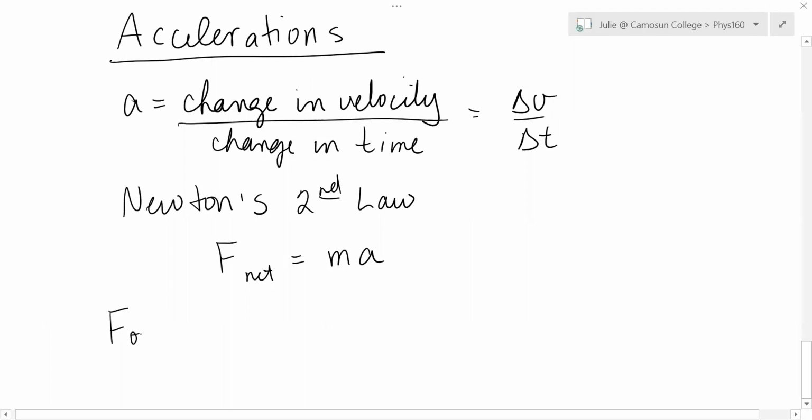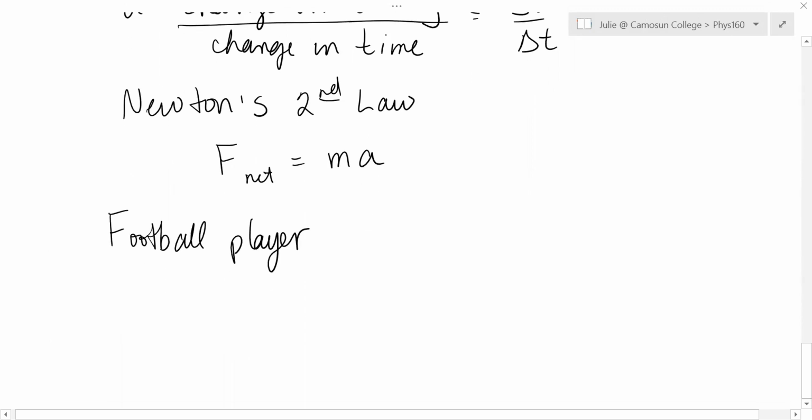Okay, so let's look at the football player. Now we'll assume that he leaves the ground and then crashes into that dummy. So I'm only going to count the force from the collision on his body as the net force. I'm not going to worry about the friction on his feet as he's running along.